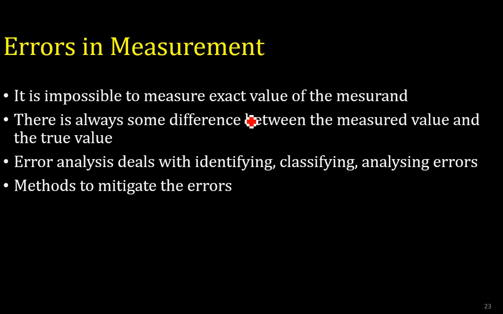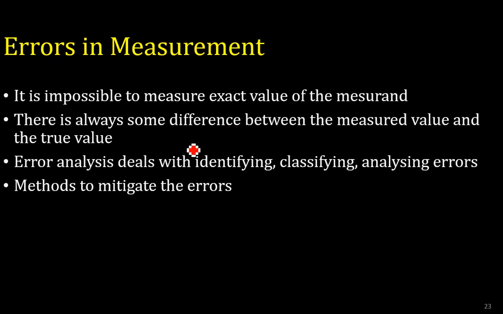So errors are always there in the measurement. It's highly impossible to remove the errors while you are doing measurement. So the measurement is associated with some kind of error.